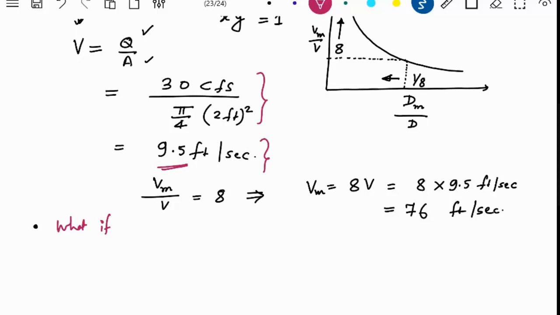So what if I consider diameter as 1 inch? Like if I consider the diameter of the model, dm, is 1 inch? In that case, can you give me the value of velocity in the model? How many times will this increase?